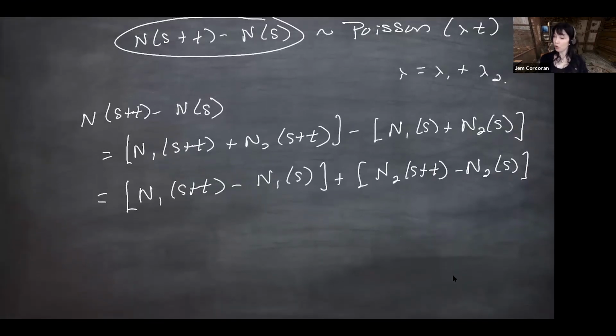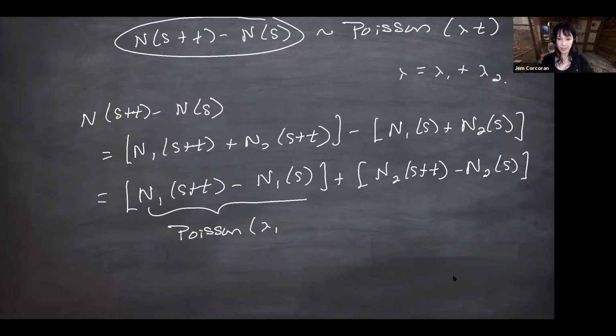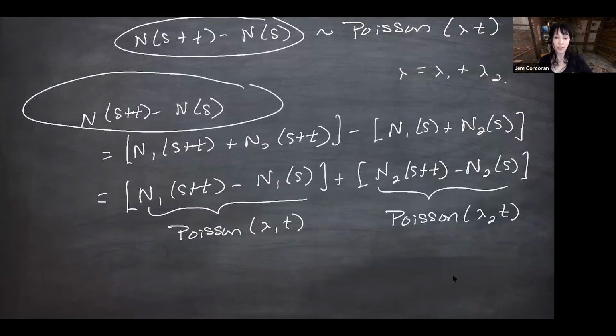And we already know, because those two random variables are coming from independent Poisson processes, that this is a Poisson random variable with parameter lambda 1, because it's our first process, and the length of the time interval is t. And this guy is another Poisson random variable with parameter lambda 2 times the length of the interval, which is t.